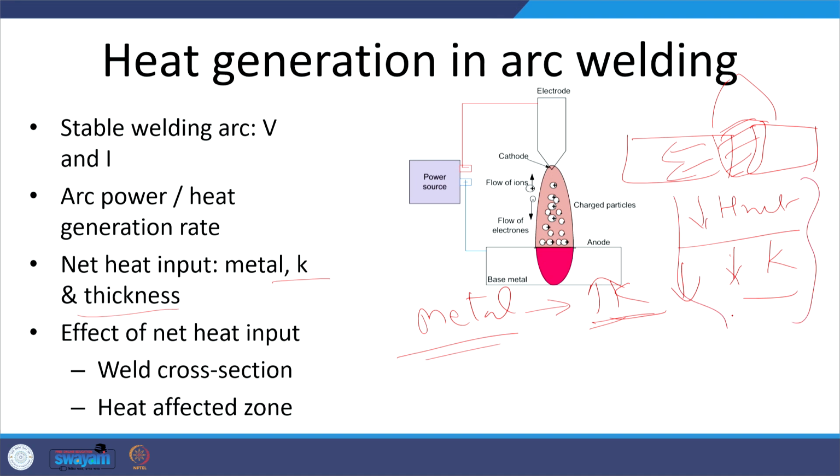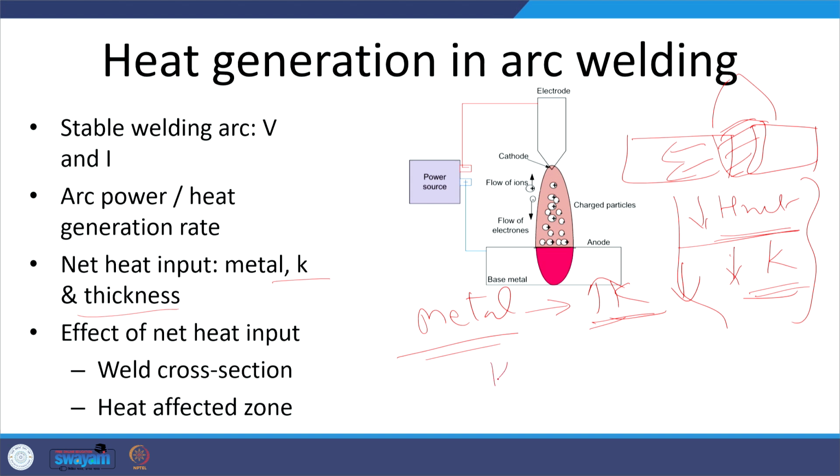Okay. But if the thermal conductivity is high, whenever the heat is delivered, it will be rapidly transferred to the underlying base metal. So, it will take a lot of heat for realizing the melting of the faying surfaces. So, higher H net will be needed when thermal conductivity is high, and a little lower H net will also be okay when we are working with low thermal conductivity metal.